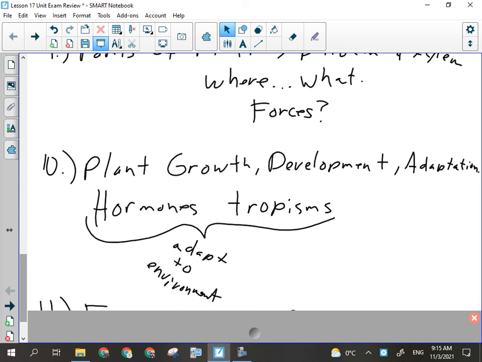Also, there will be questions in the written response, especially related to tropisms. I think I told you guys this yesterday, where I show you a picture of a plant and then I ask you, what tropism is going on here and explain how that tropism works. All right, now the explain how tropisms work part, is that the same no matter what tropism it is?